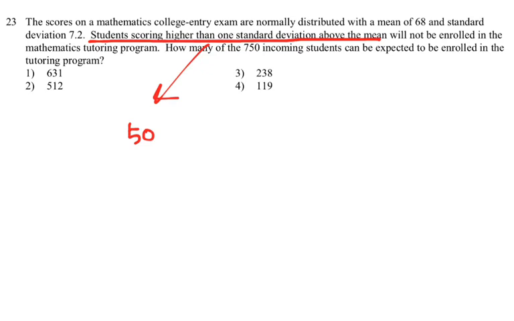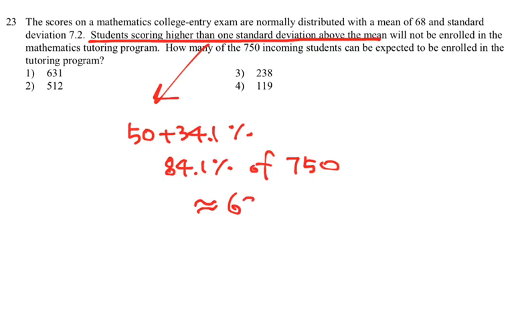If you get the same score as the mean, that covers 50% of the students, and 1 standard deviation above the mean will be 34.1%. Combine them together, and we get 84.1% of the students will be enrolled in the tutoring program. Out of 750, we get about 631 students. So therefore choice 1 would have been the answer.